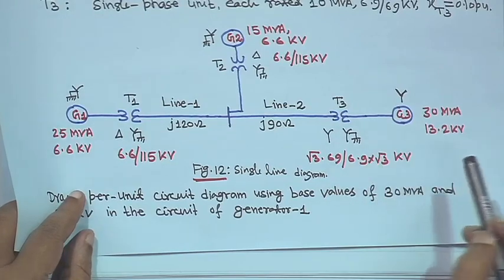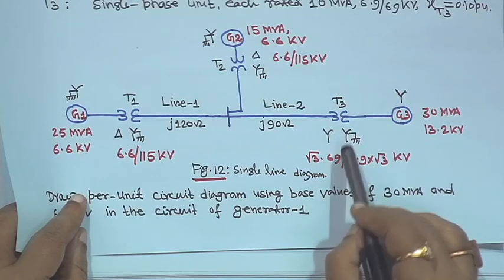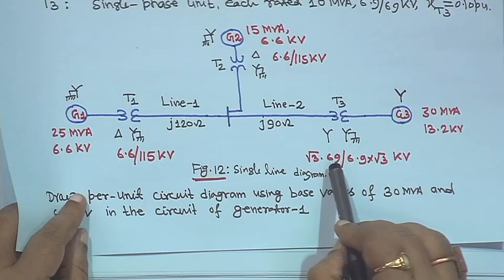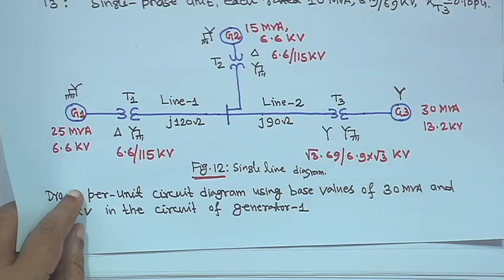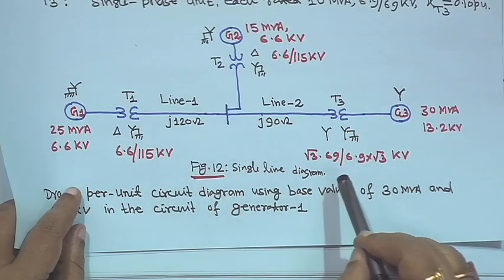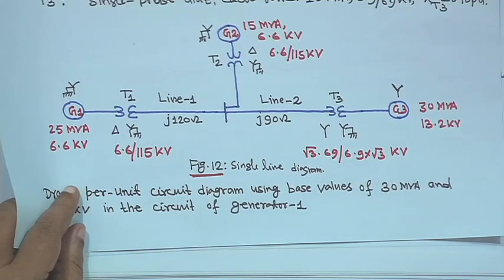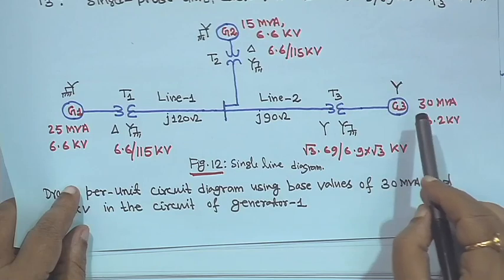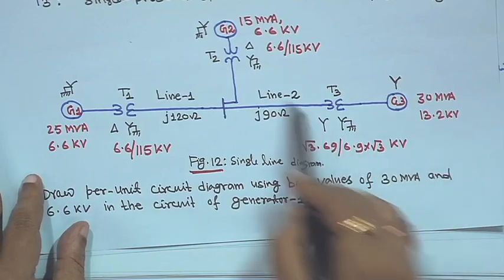Each single phase rating was 69 upon 6.9 kV, high voltage to low voltage, but as it has been made 3 phase with the star secondary side grounded, it is root 3 into 69 slash 6.9 into root 3 kV, because we have to represent line to line voltage. The generator is star connected, G3 is 30 MVA and 13.2 kV. This is the single line diagram.